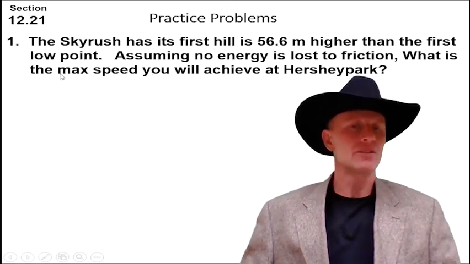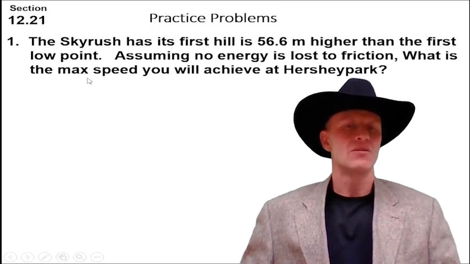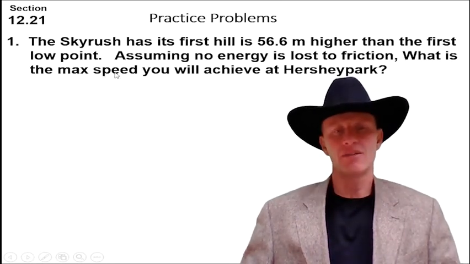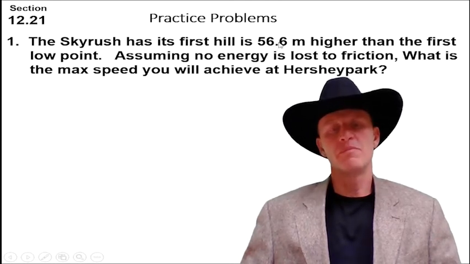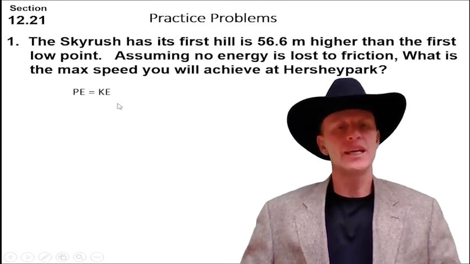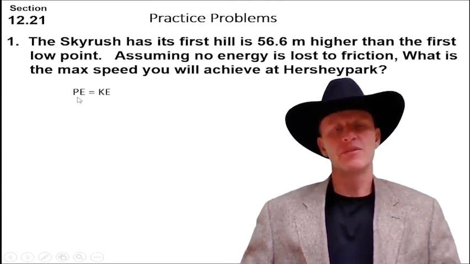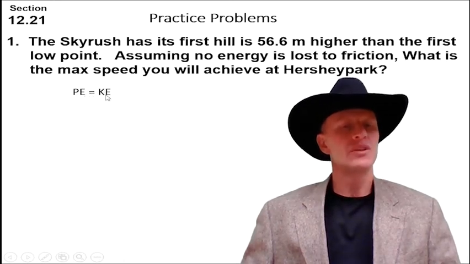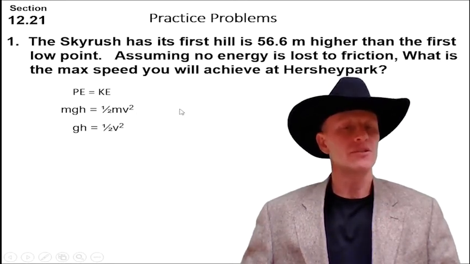And the question is, what is the max speed? So that's going to be V, which is an indication of kinetic energy. So at this point, we want to put PE equal to KE. If all of the potential energy is converted into kinetic energy, we could calculate with the formulas how fast it's going. The mass in this problem is going to be the same and will cancel out.